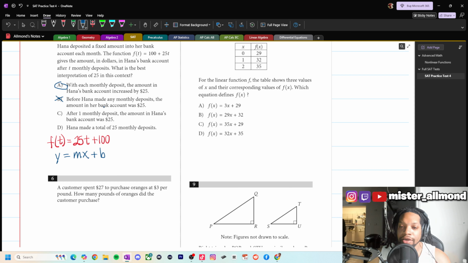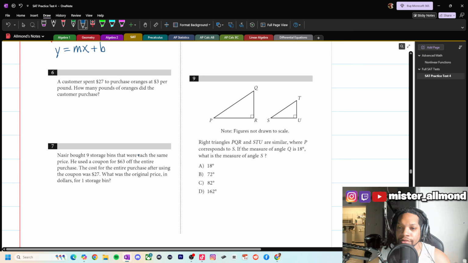That's just f of 1. And then Hannah made a total of 25 monthly deposits. I think that total amount, 25t plus 100, gives a dollar amount instead of a number of deposits. So I think I'm going to go A. But all right, let's keep going.